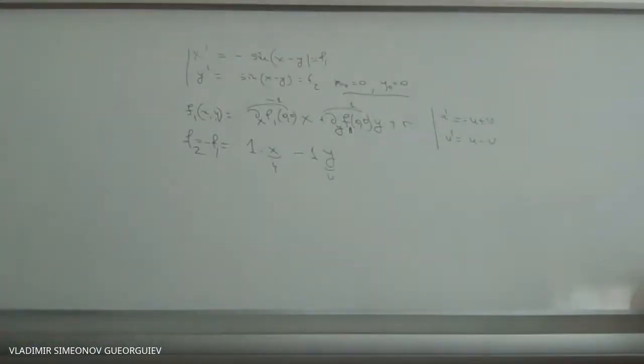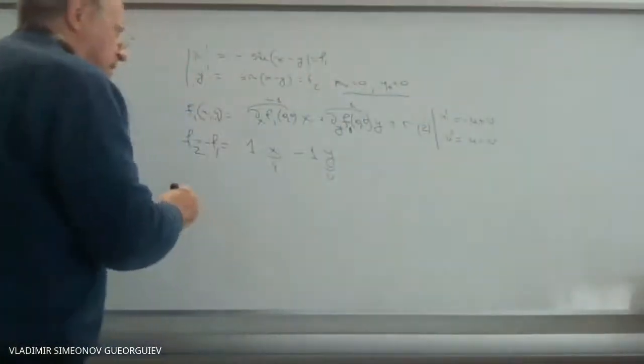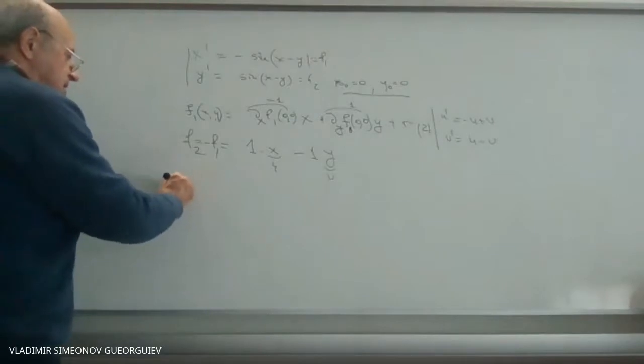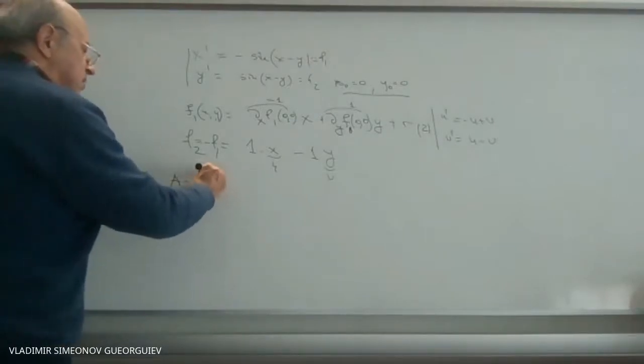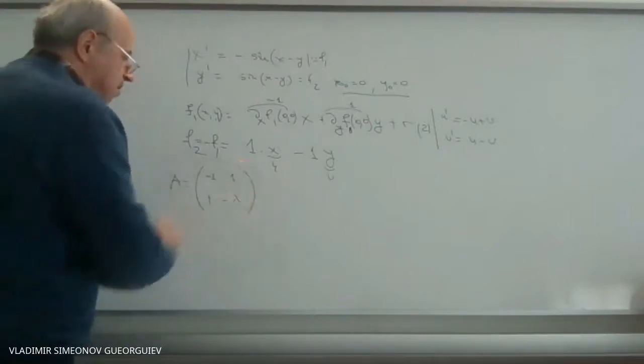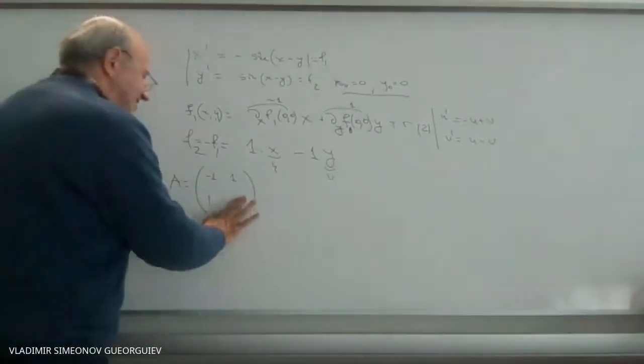Okay, now we have our system 2, and we have our matrix A, that is minus 1, 1, and this is 1, minus 1. What can you say about this matrix? Sorry, this is minus 1.